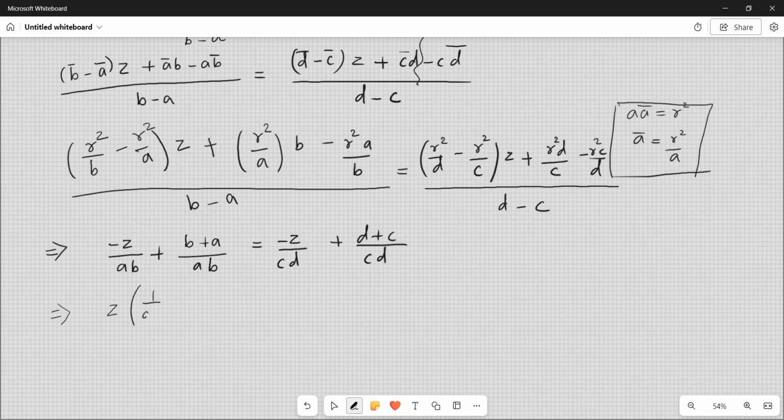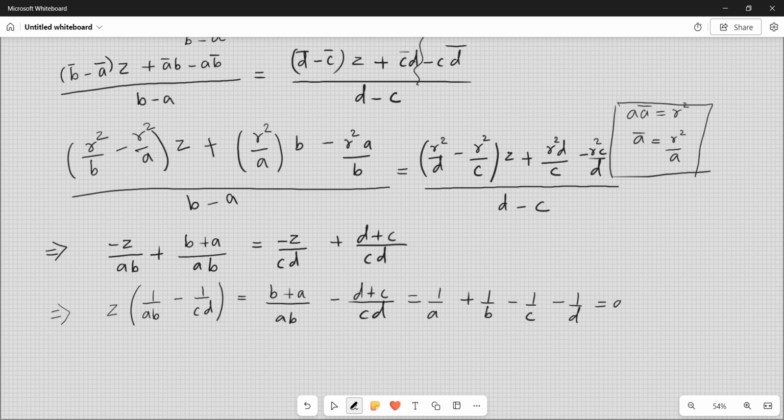So z times (1 by ab minus 1 upon cd) is equal to (b plus a) by ab minus (d plus c) by cd, and that is equal to, what I can write from here. See, this is nothing but 1 by a plus 1 by b minus 1 by c minus 1 by d.